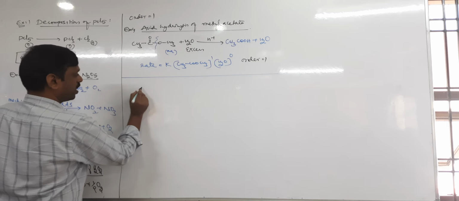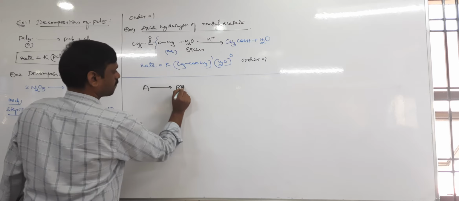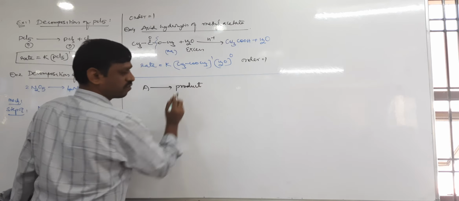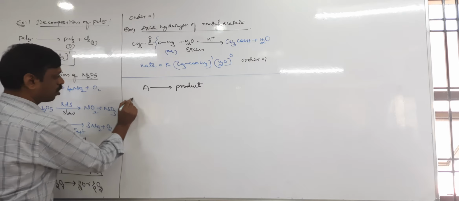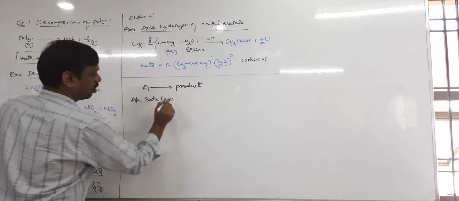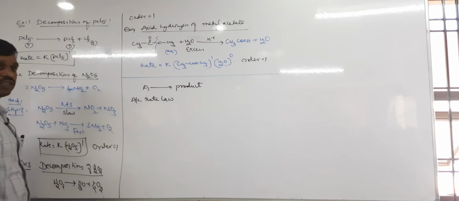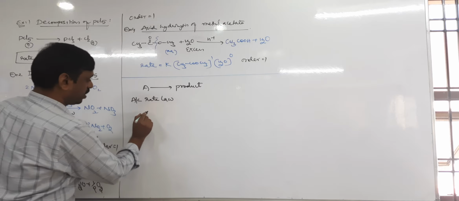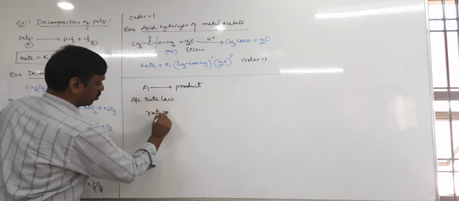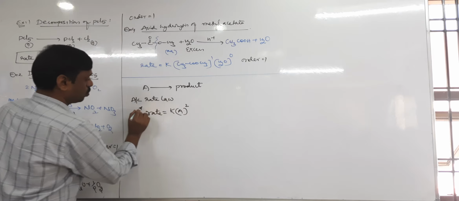Let us consider a reaction. A gives rise to product. Then according to the rate law, the rate of chemical reaction is directly proportional to what? Molar concentration of reactant or active mass of the reactant. Therefore, what is rate equal to? K into A power 2.